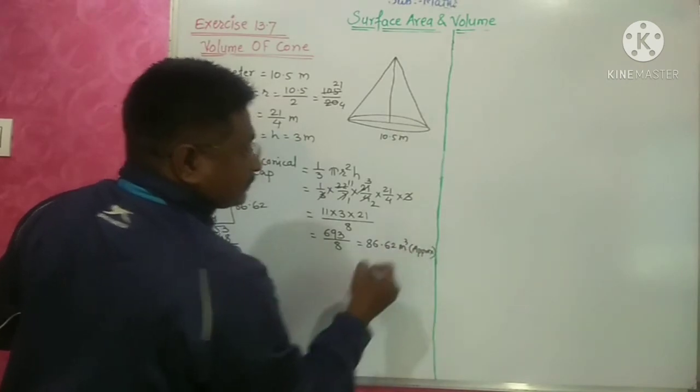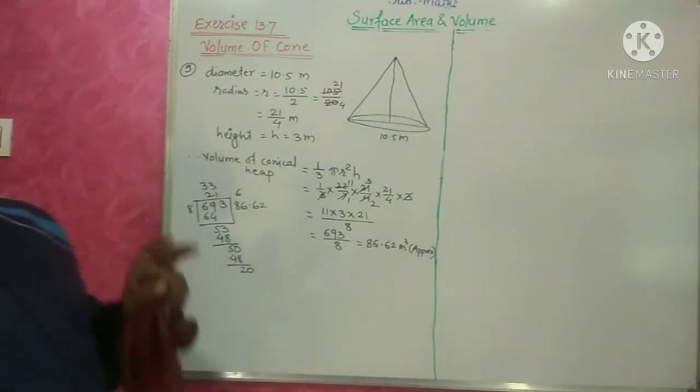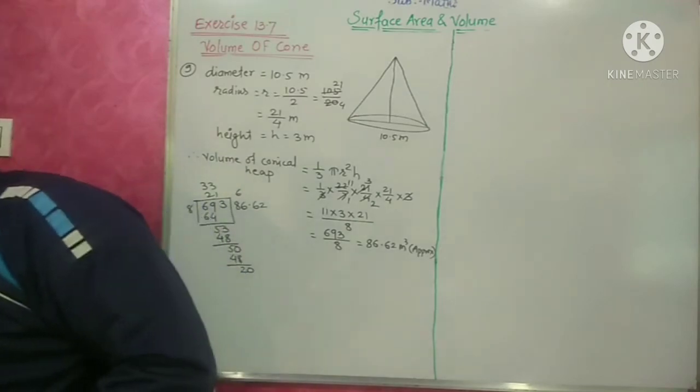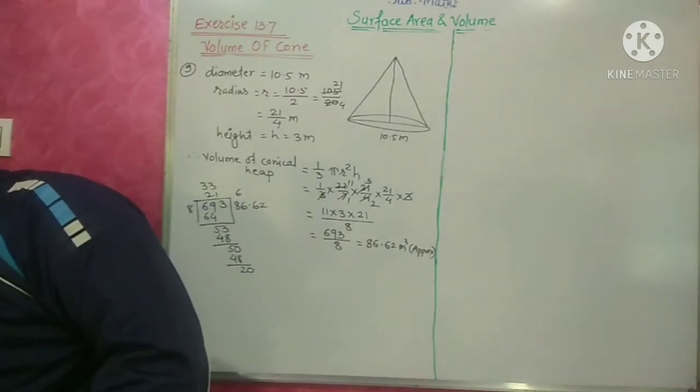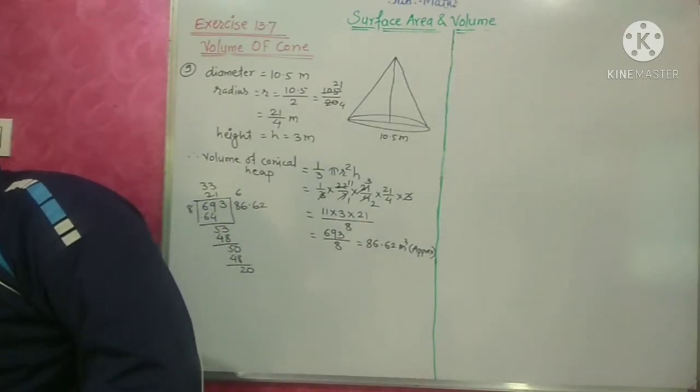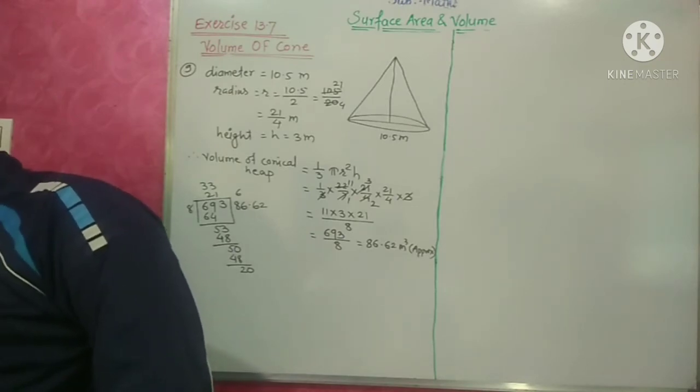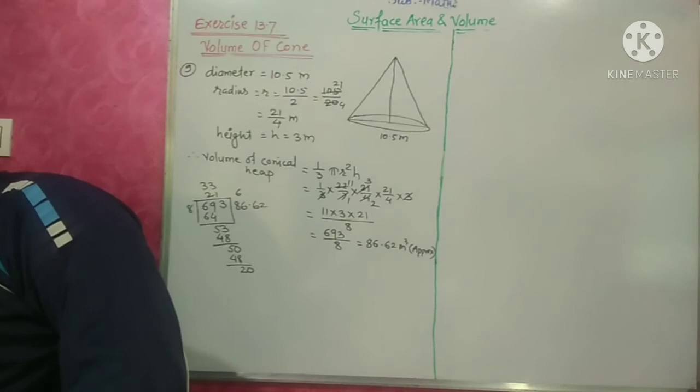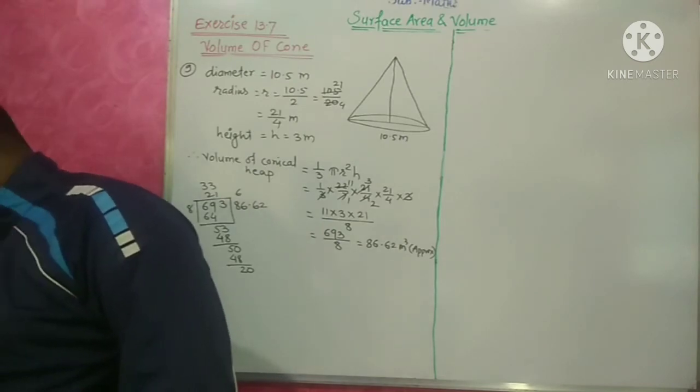So the first answer we got is the volume of the heap. The heap is to be covered by canvas to protect it from rain. Find the area of canvas required.